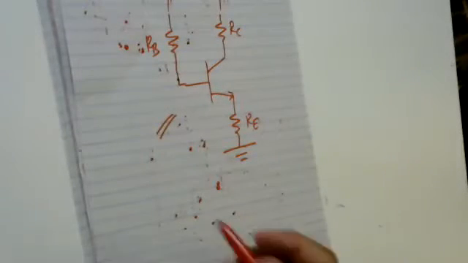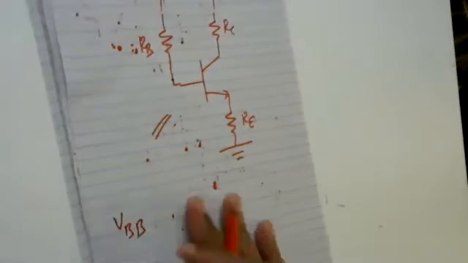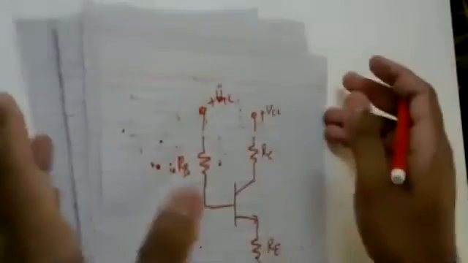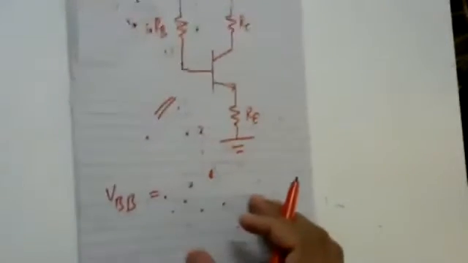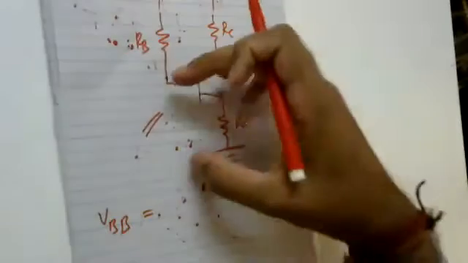As we have already written the equation for VBB, we'll write it once again. The VBB voltage is given by VBB equals the voltage across the base.